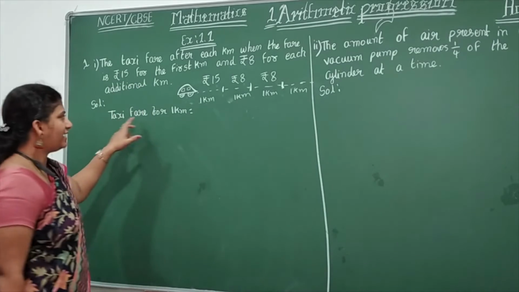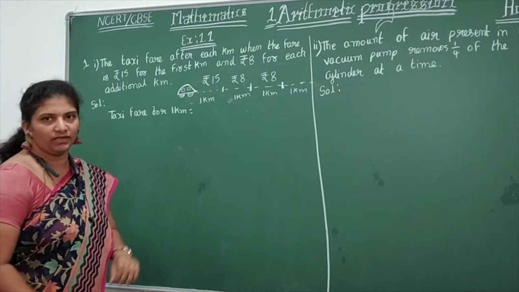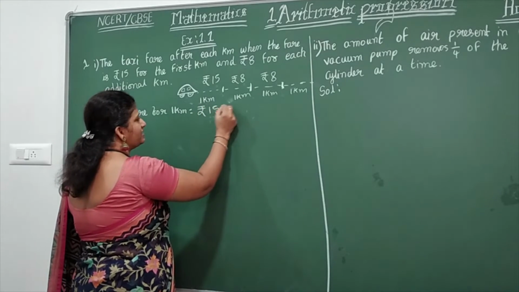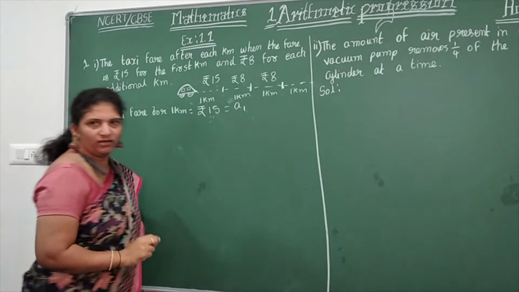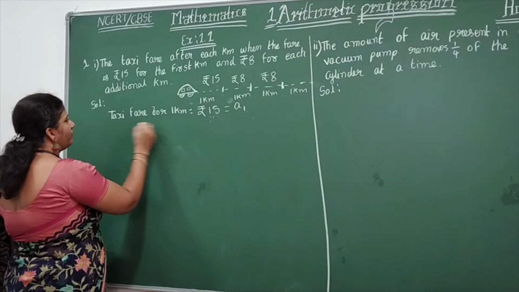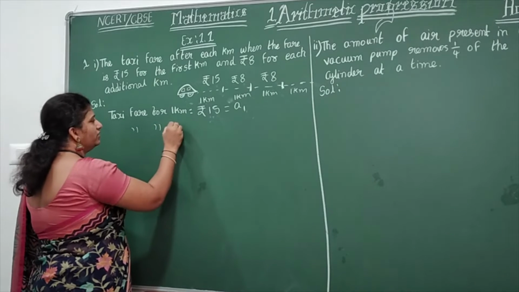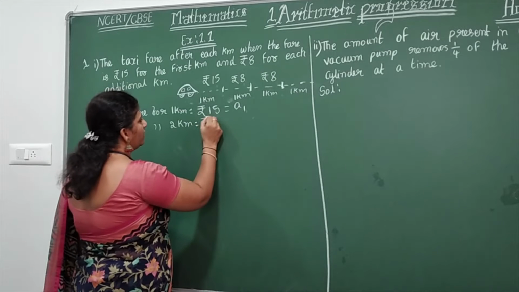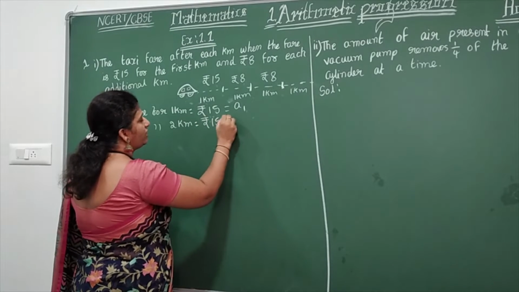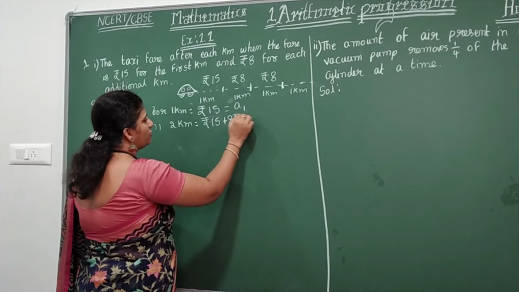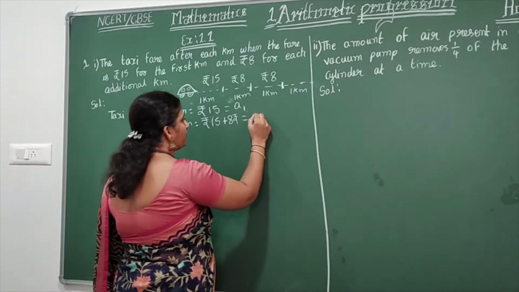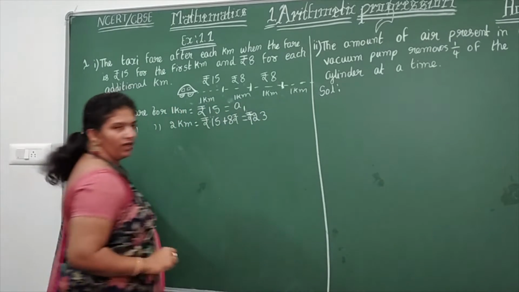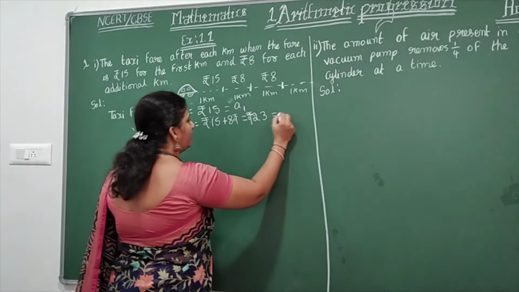Let's start. Taxi fare for 1 kilometer, that will be 15 rupees. That is A1. Suppose you have taken a drop after 2 kilometers. How much amount will you be paying here? 15 rupees plus 8 rupees, that will be 23 rupees. So what is this 23?